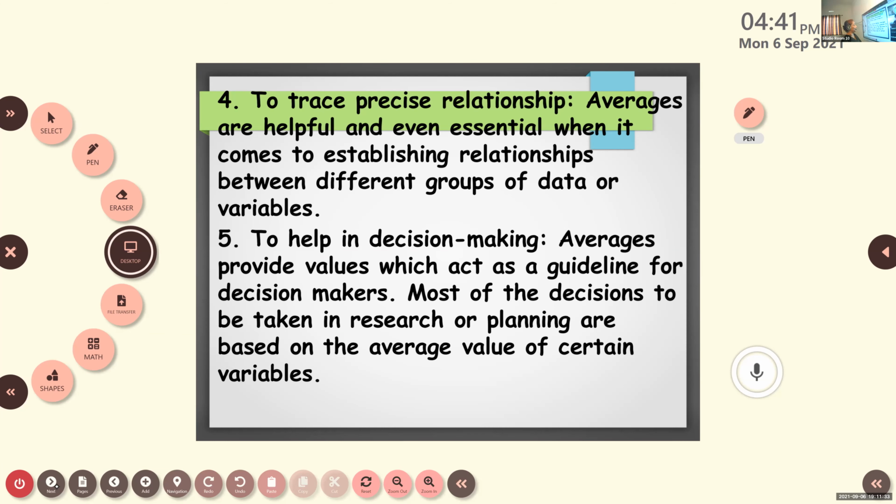Averages will help us. So that is the fourth objective. Averages are very important when it is necessary to understand the relationship between different groups of data or variables.